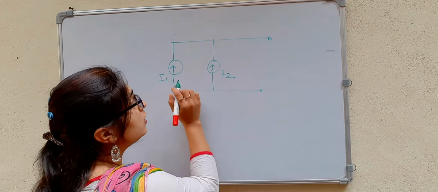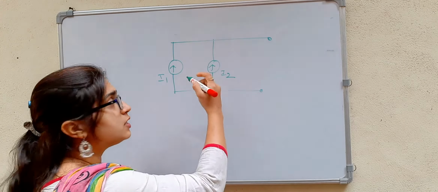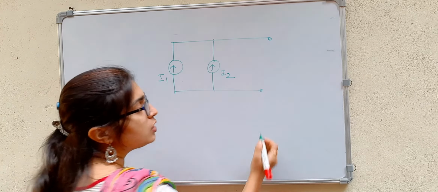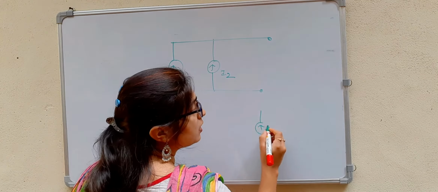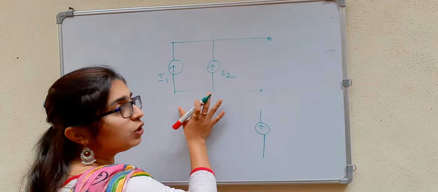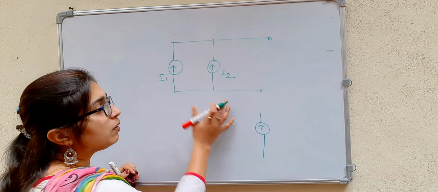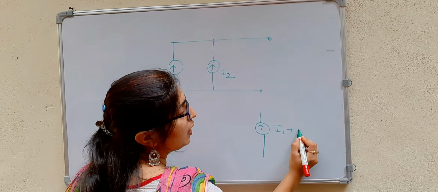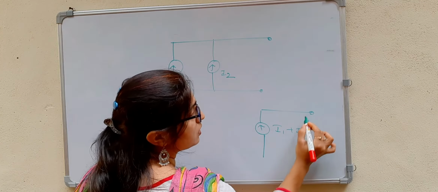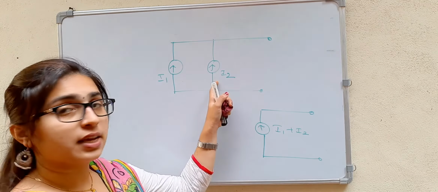See here, the direction of the current flow is the same, that is upwards, from here to here. So the equivalent source will also have the same direction as the two current sources. The value will be equal to the sum of the values of the current sources. So this will be your equivalent source in this case.